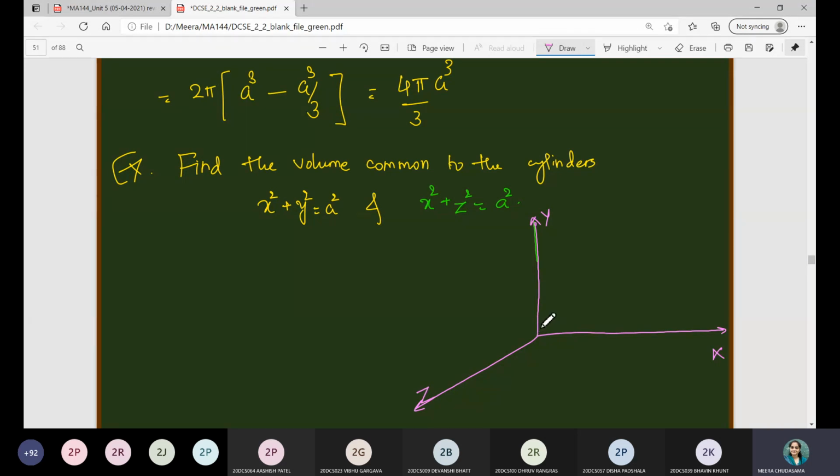So corresponding to that, suppose in the xy plane, this is the negative axis, right? So in the xy plane, if you consider the origin, then a cylinder with radius a, x square plus y square, so this is your radius, so it will be like this one.